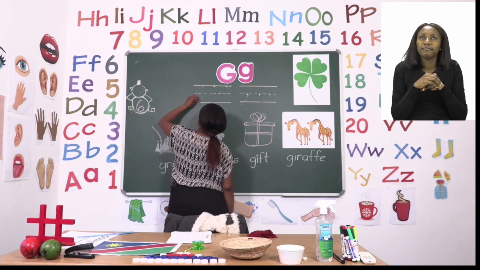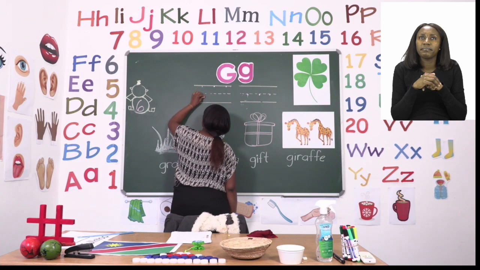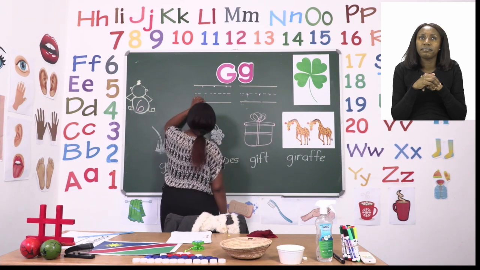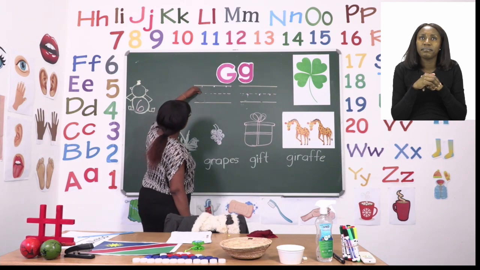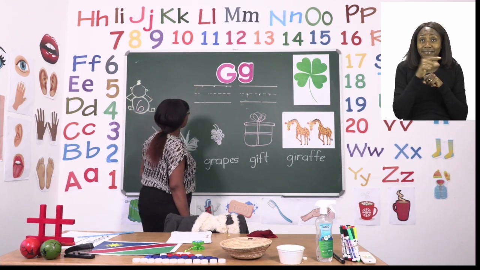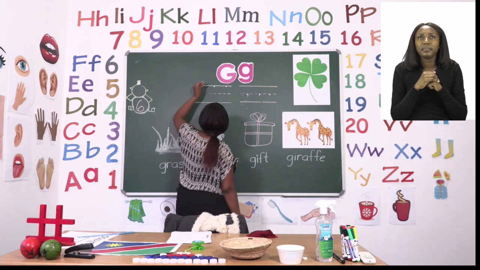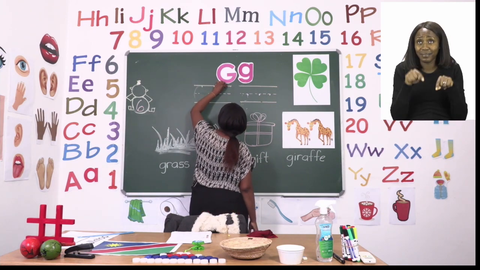Touch the bottom line, then you go up and make a straight line going down. You lift up your pencil and then you make a line across. So this is our capital letter G. Let's try again.